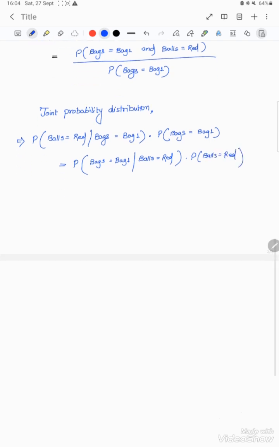Now you can see that this particular thing is easy to compute and this particular thing is difficult to compute.